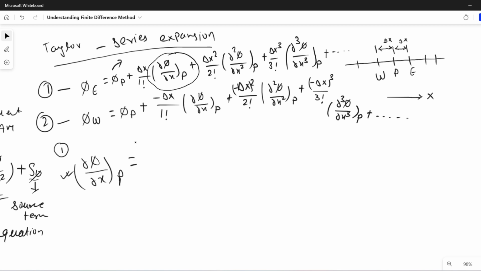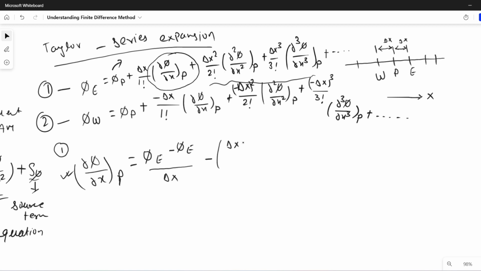I will take my φP to this side, so this will be equal to φE minus φP. Now this term is multiplied by Δx, so this will be divided by Δx, and all these terms will go to the left hand side and will be divided by Δx.